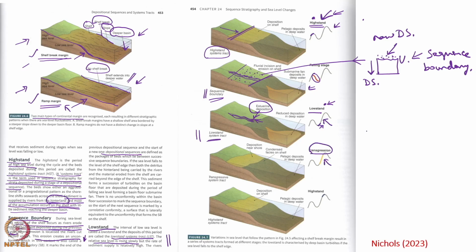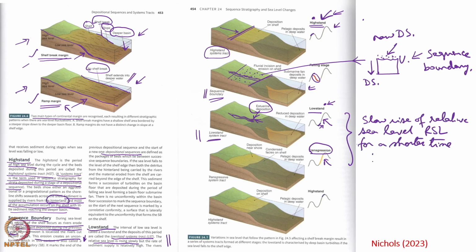So, when the sea level rises, basically we are breaking the incident into two parts: a slow rise of relative sea level for a shorter time, followed by a fast rise in relative sea level for a longer time. This one is called the transgression, marked by this yellow region here, for which the transgressive systems tract has been defined.